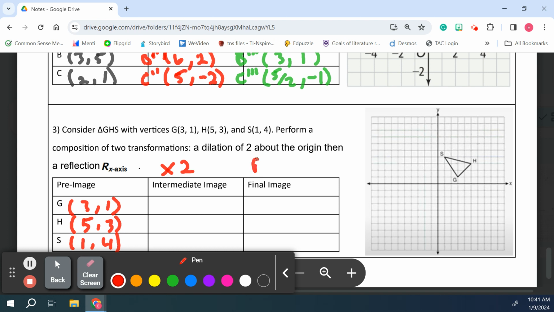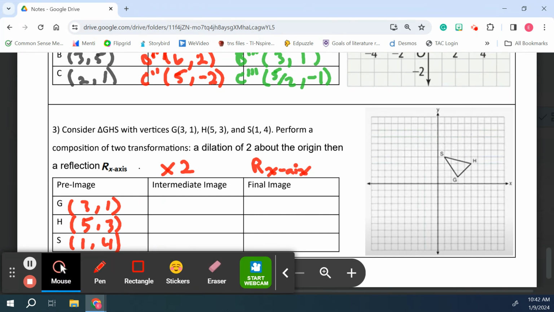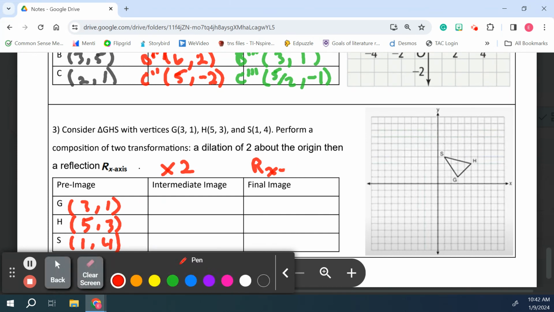And then they want a reflection about the x-axis. Someone tell me, what is the rule for the x-axis according to your foldable? What's the rule for the x-axis? It goes from x, y to what?